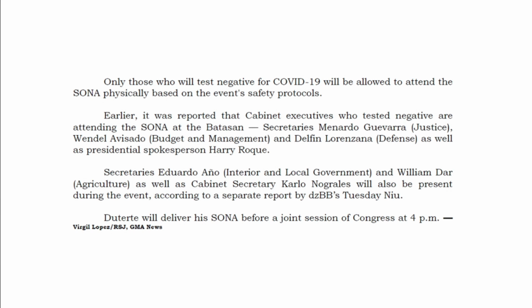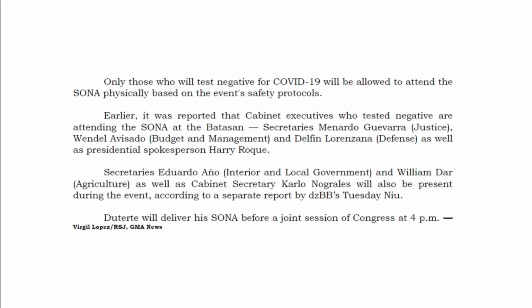Only those who will test negative for COVID-19 will be allowed to attend the SONA physically based on the event's safety protocols. Earlier, it was reported that cabinet executives who tested negative are attending the SONA at the Batasan. Secretaries Guevara of Justice, Wendell Avisado of Budget and Management, and Delfin Lorenzana of Defense, as well as Presidential Spokesperson Harry Roque.